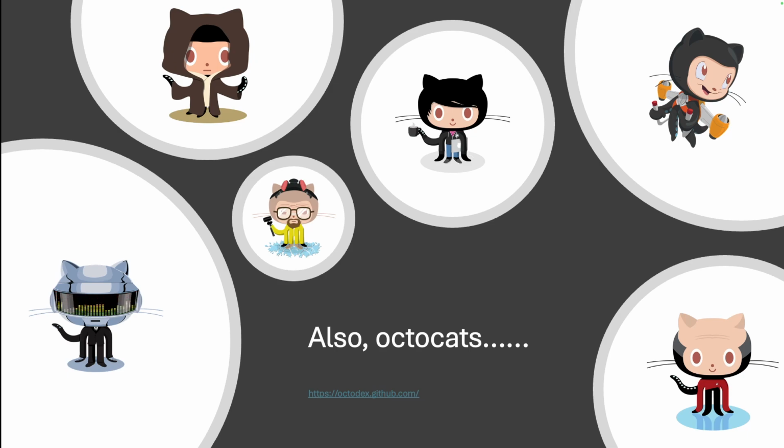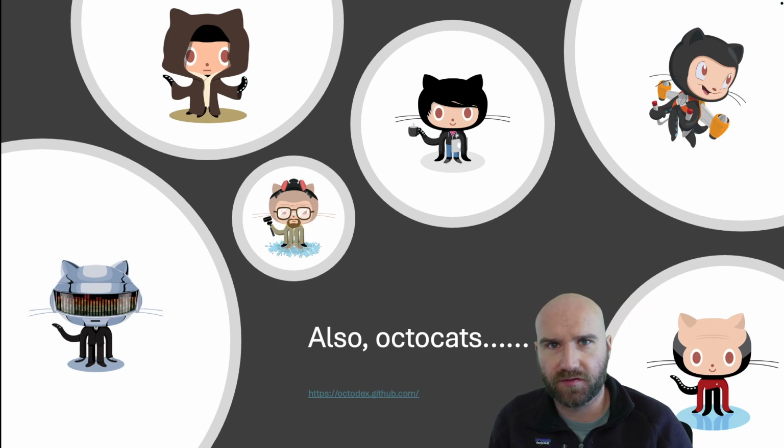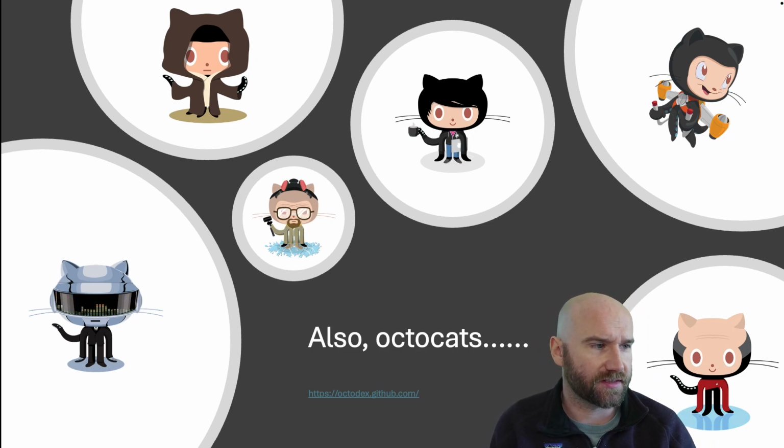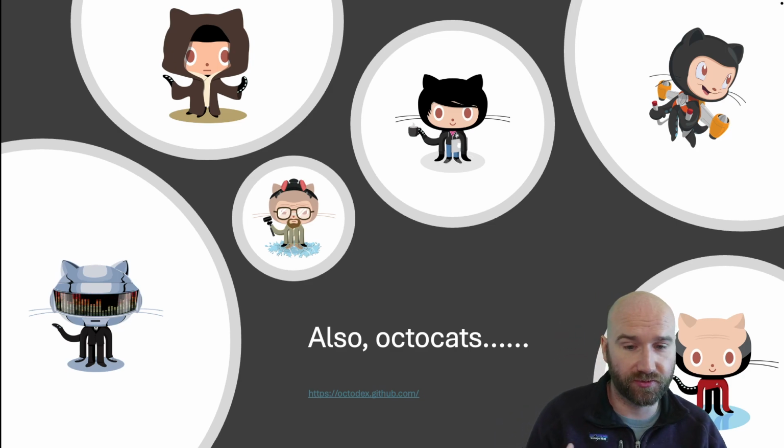GitHub started using it, and now you can go check out the Octodex, which I've left a little link to, and have fun like I did making this slide. So that's a very quick introduction to GitHub. Where we will go next is how Git and GitHub, locally and remotely, will work together.